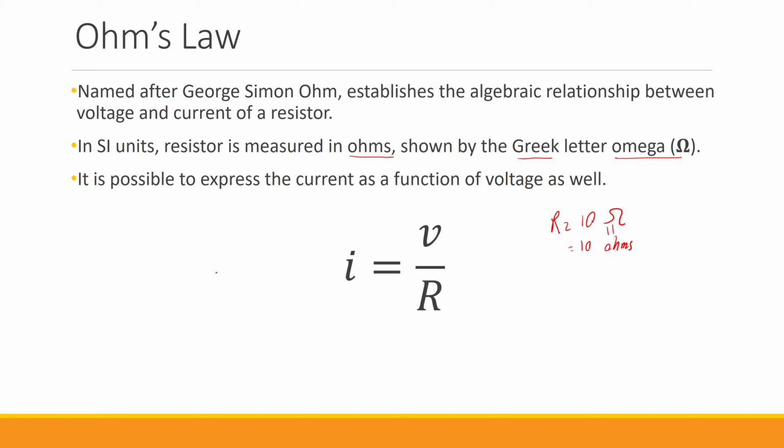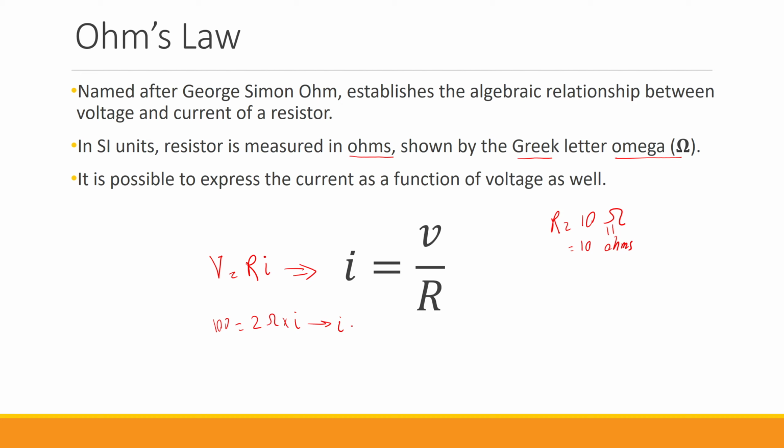Now, since V equals R times I, if we have V and R, we can simply use this equation to find the value for I. V equals R multiplied by I, which means that I equals V divided by R. Let's say we have the voltage to be 10 volts and the resistance to be 2 ohms.